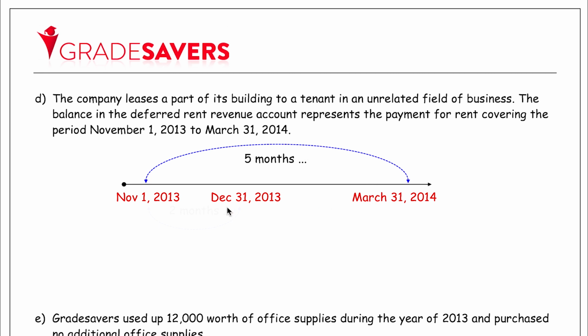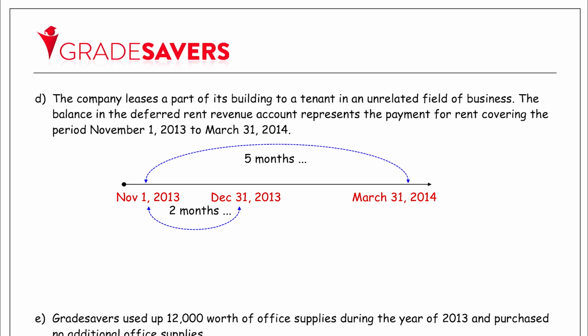And now what is happening is that as of December 31st, 2013, 2 out of these 5 months have been earned. And that's because we've rented the space for all of November and all of December. Once we've understood this, we should realize that we're trying to recognize 2 months worth of rent revenue, since we've earned it at this moment, and so we are less liable for that amount.